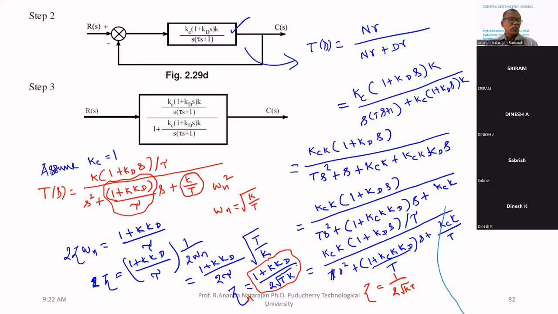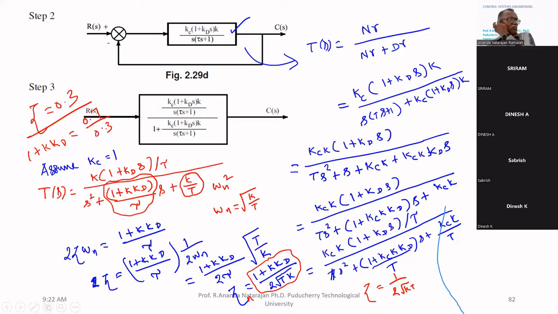Suppose your system is oscillating because zeta equal to 0.3, the original system. I want to make it 0.7. So what we have to do? 1 plus K KD multiplied by 0.3 must be changed to 0.7.